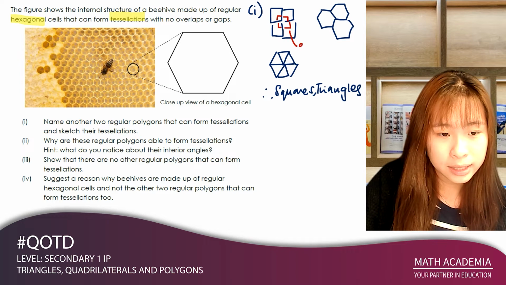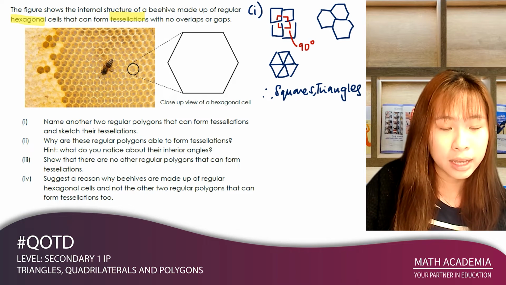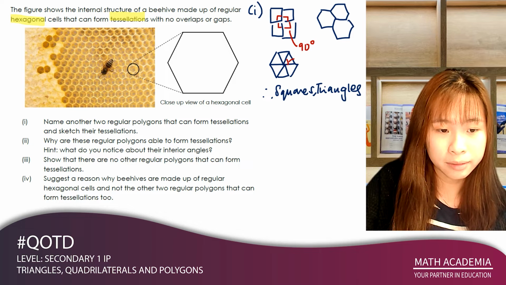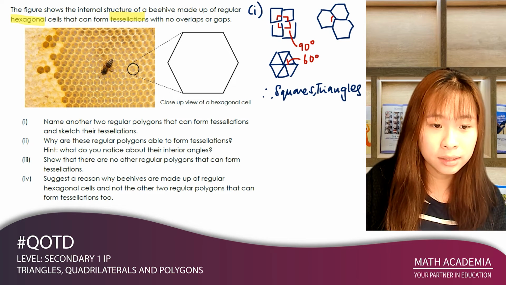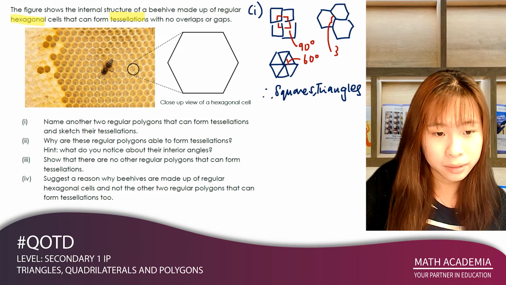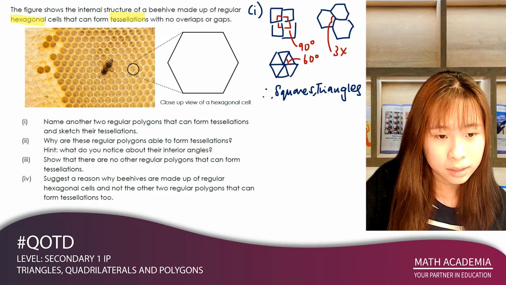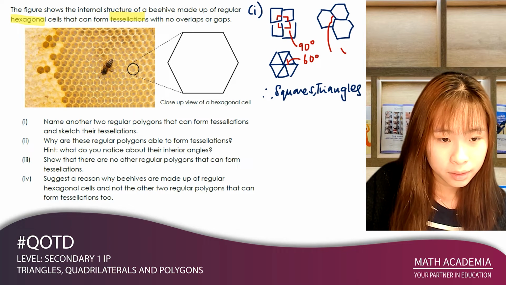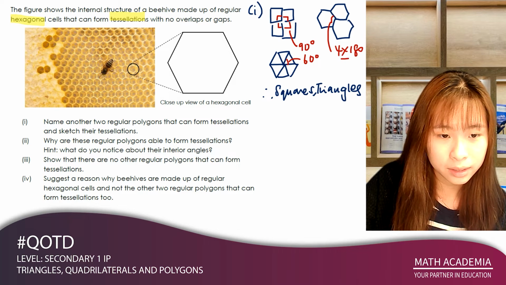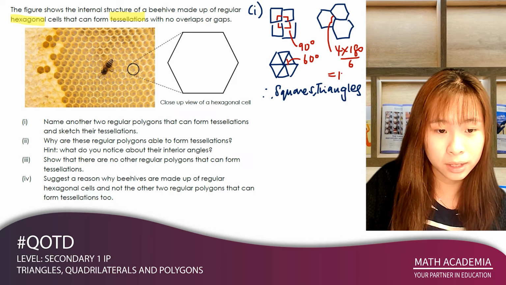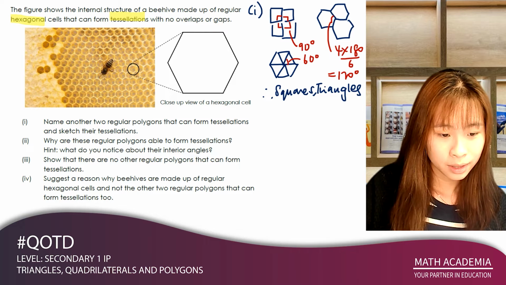A square has 90 degrees, and these equilateral triangles have 60 degrees as their angles. And a hexagon has an interior angle of 4 times 180 degrees divided by 6, which should give you 120 degrees.